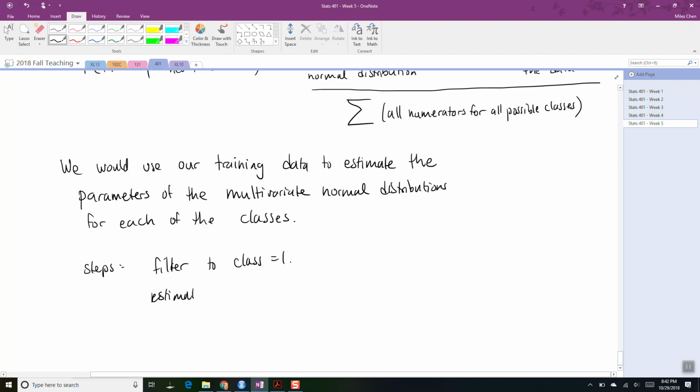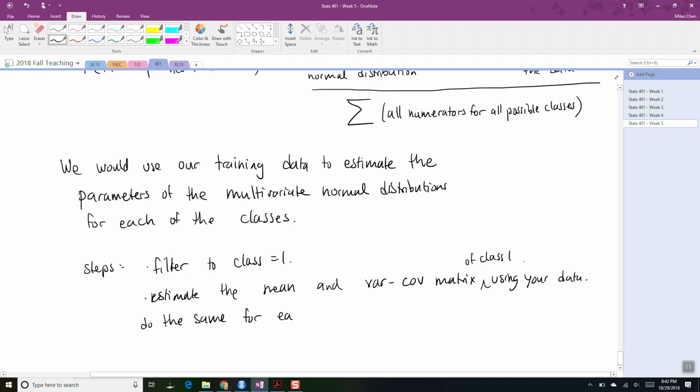Estimate the mean and variance-covariance matrix of class 1 using your data.